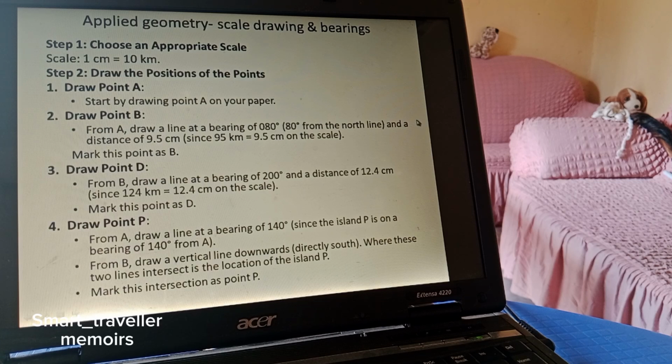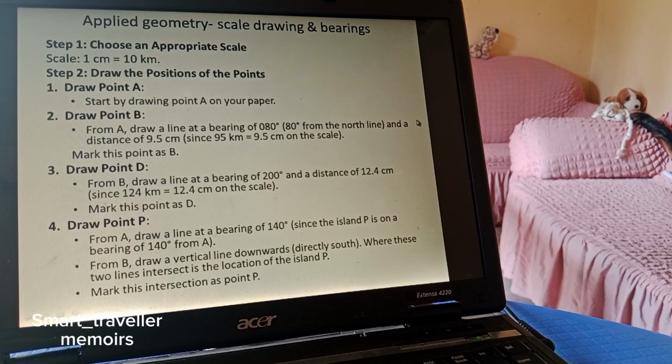Mark this point as B. Draw point D. From B, draw a line at a bearing of 200 degrees and a distance of 12.4 centimeters. Since 124 kilometers equals 12.4 centimeters on the scale, mark this point as D.